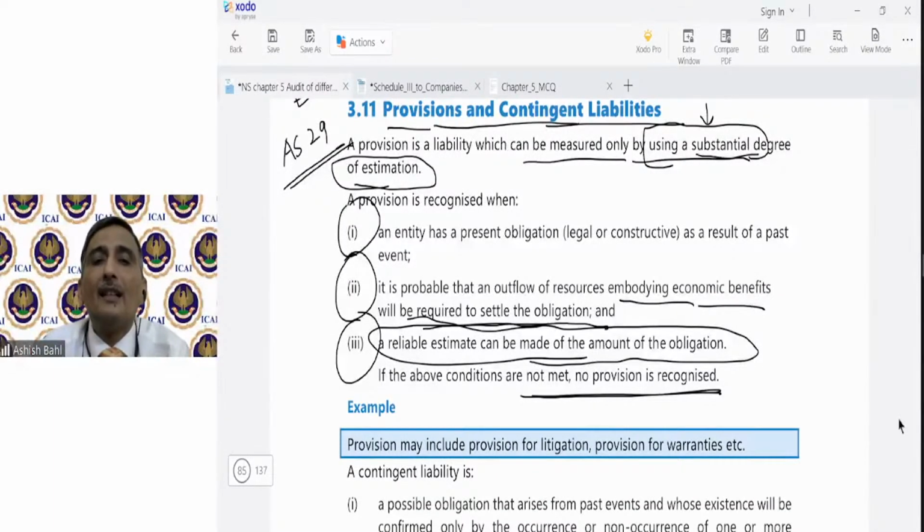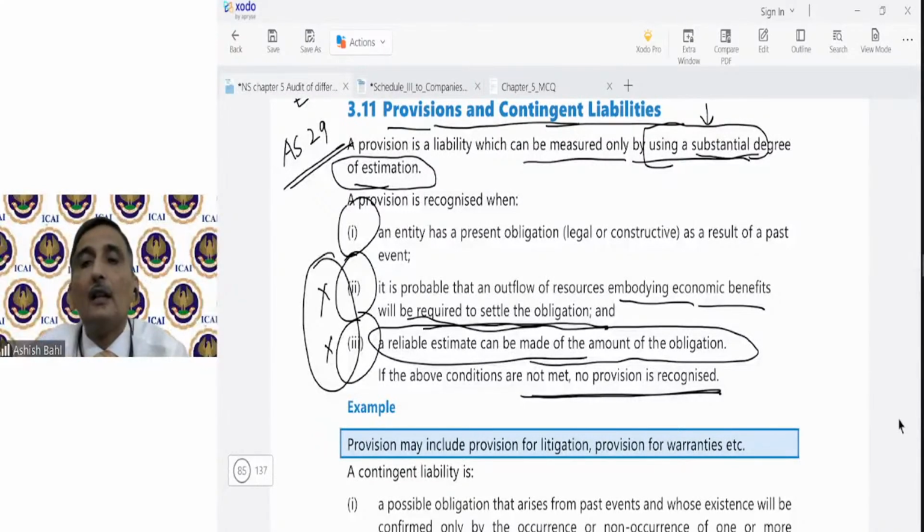So therefore this condition is not met. Both these conditions are not met. So these would not be recognized as a provision. Rather, these would be disclosed as contingent liabilities. Yes, Anmol, you are right. These will be disclosed as contingent liabilities.